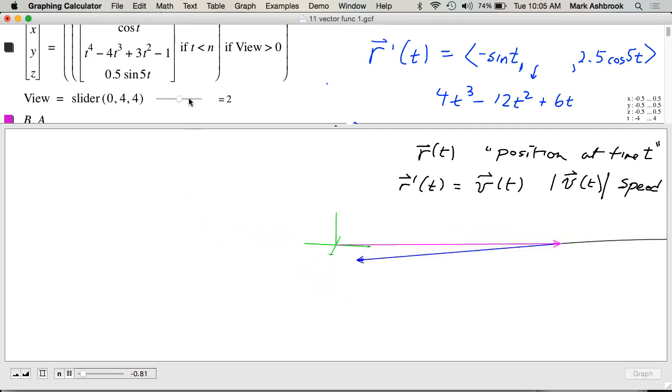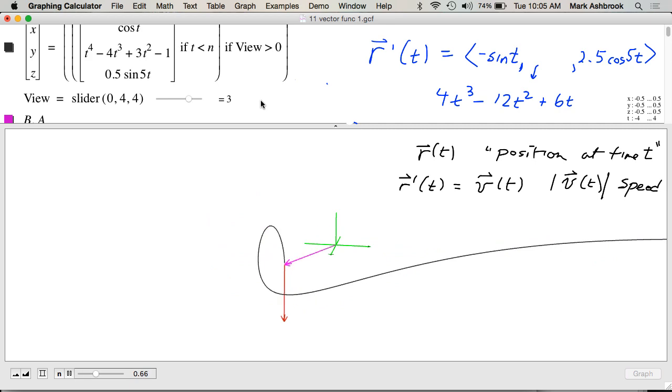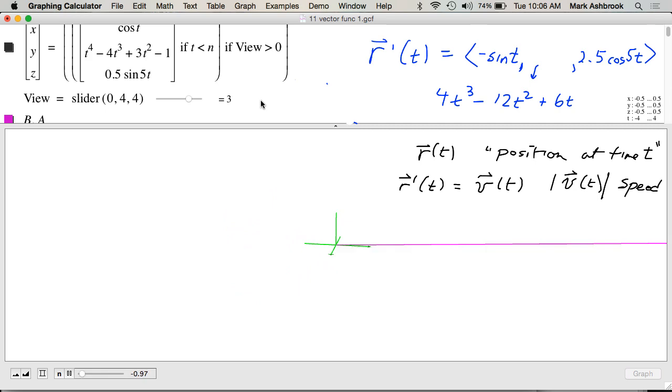Okay, what am I showing you now? It's the red vector. The acceleration? What do you notice about this one? Constant magnitude. In what direction? The same direction we're going. So what vector is this?